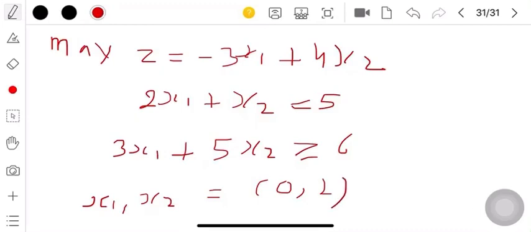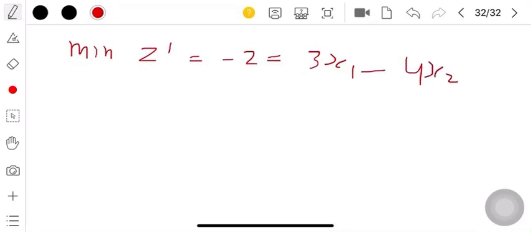This is the problem you need to solve. Here it is said that x1 and x2 can take only 0 and 1 values. So this is a binary integer programming problem, and we have to use the additive algorithm. So just try to convert it into the standard form.